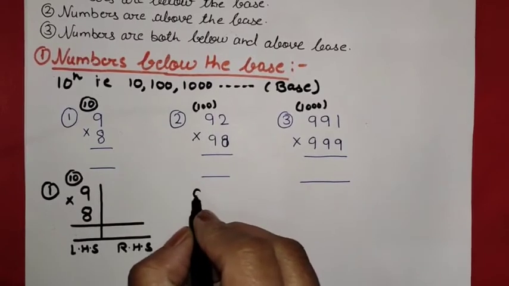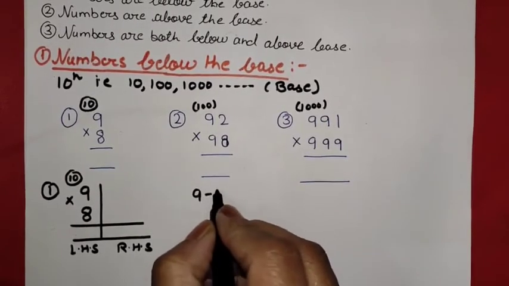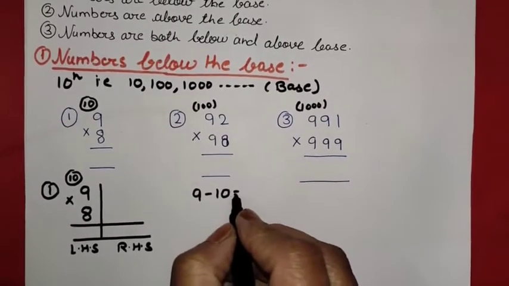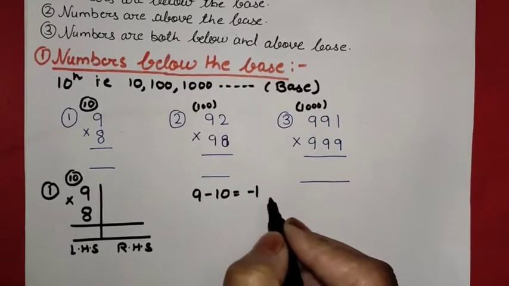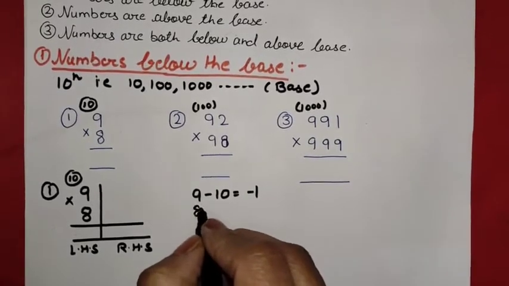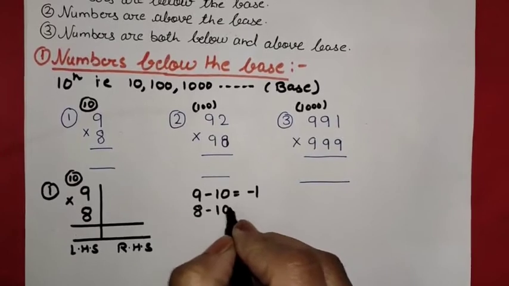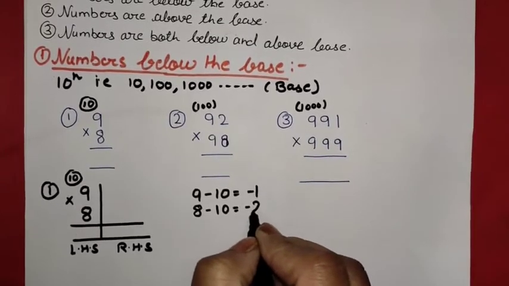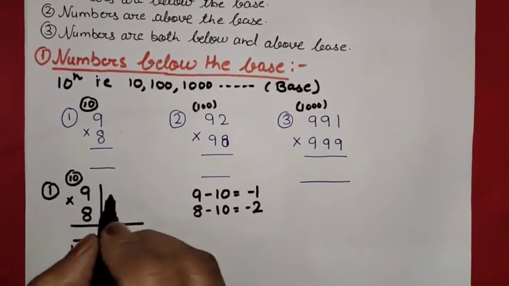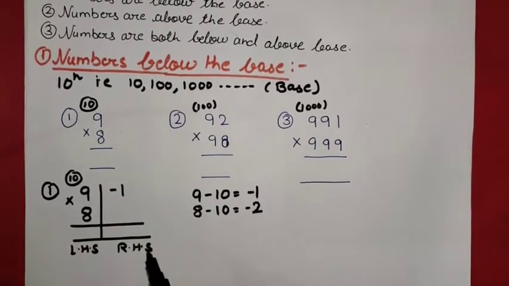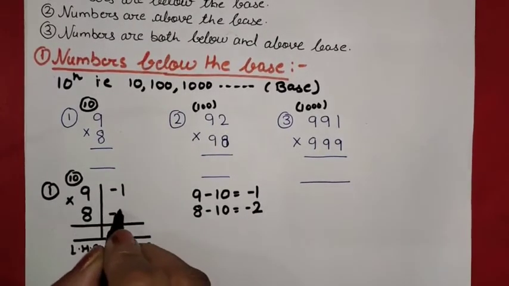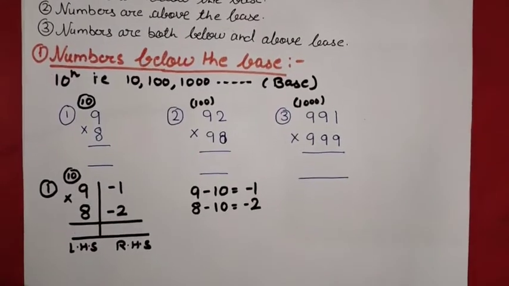Like the number 9, what is the difference of number 9 from base 10? It is minus 1. Similarly, the difference of number 8 from base 10 is minus 2. Number 9 is 1 less than the base and number 8 is 2 less than the base.